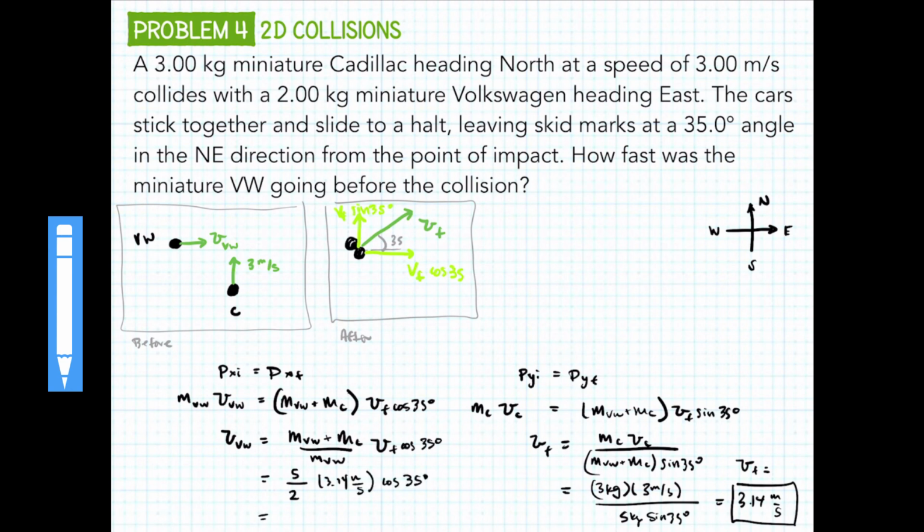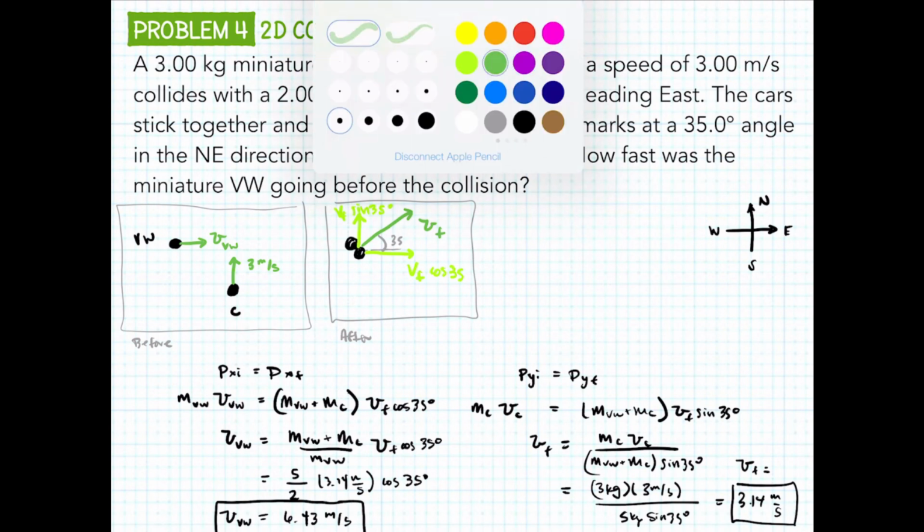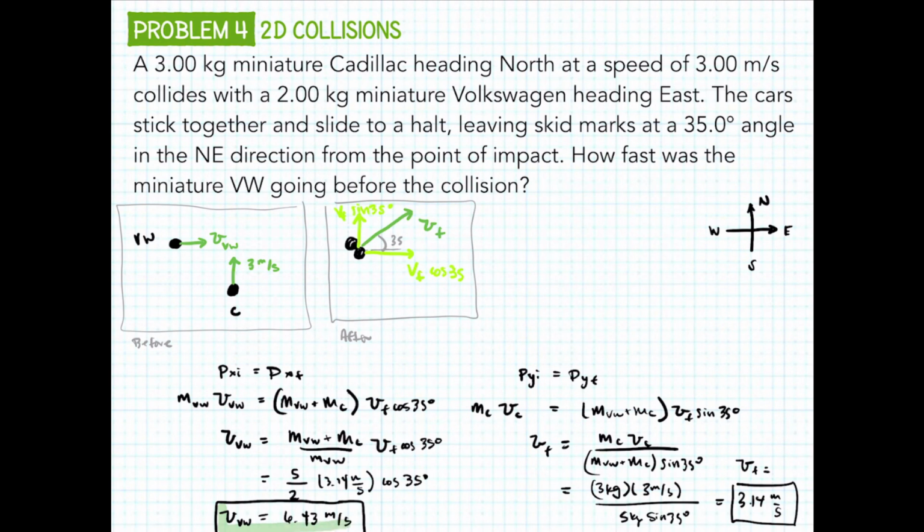And that should give us 6.43 meters per second in the x direction, if you want to be specific. Okay, so you just break down your velocity vectors into x and y, and you solve everything in the x direction and everything in the y direction.